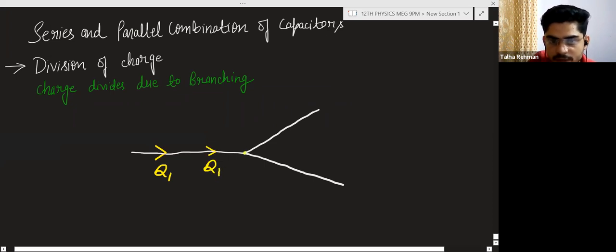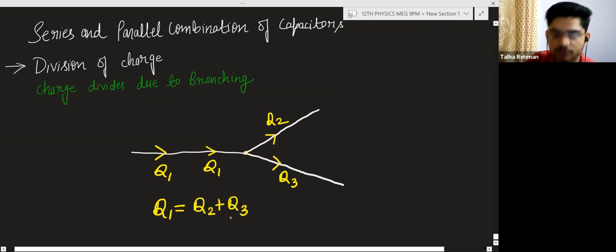But from this junction point, the charge will be divided along this and along this. Suppose this is Q2 and this is Q3, and you should remember that Q1 is equal to Q2 plus Q3. This is the branching.